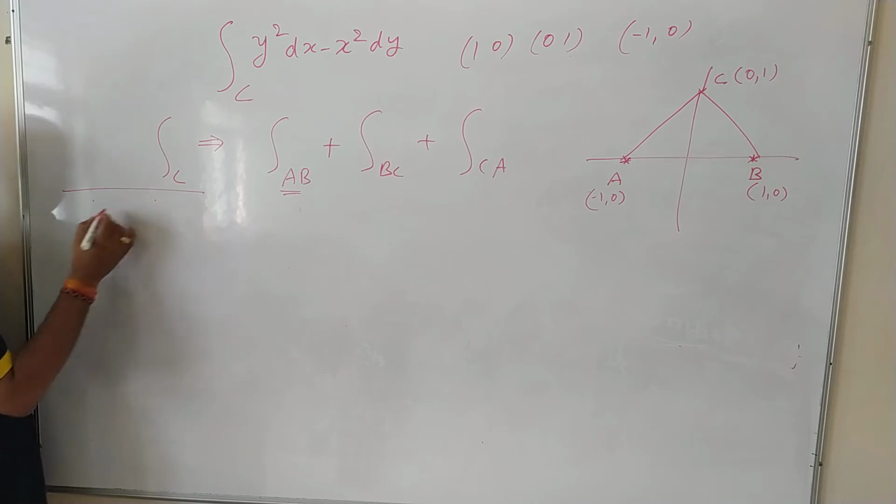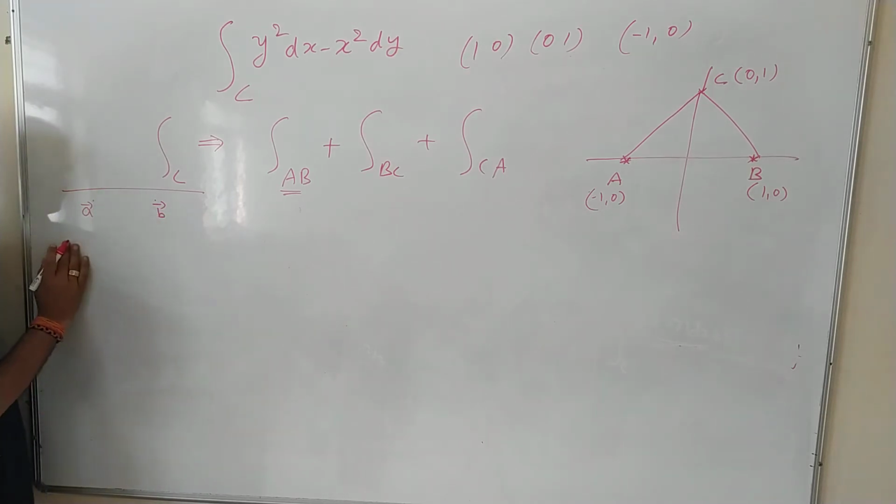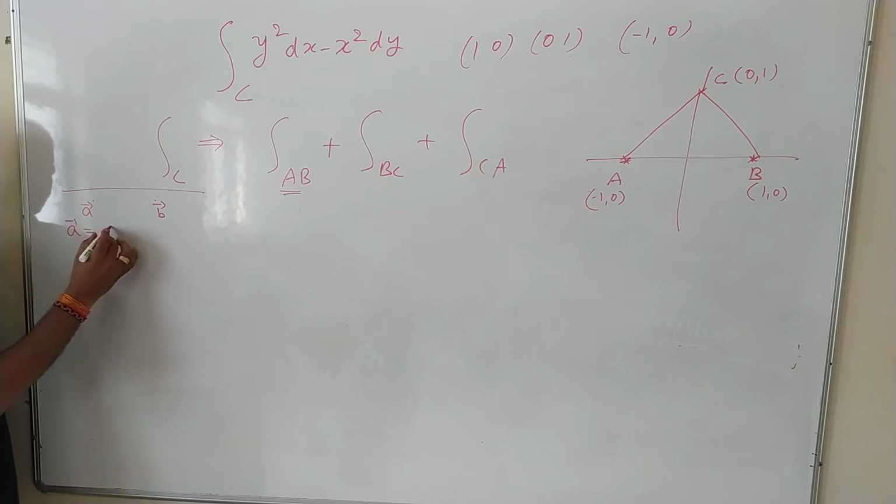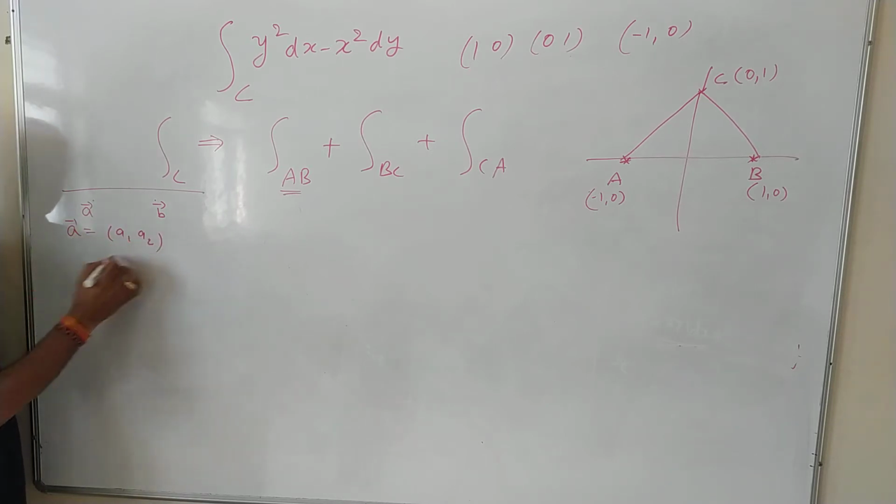Suppose we have one line, its coordinate is A, this coordinate is B. Let us take A equal to A1, A2 and B equal to B1, B2.